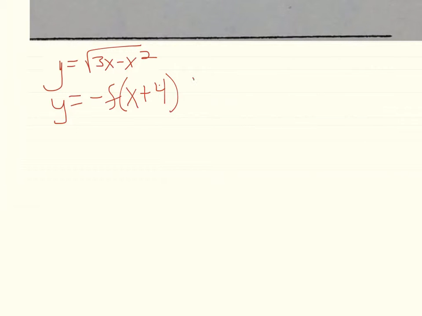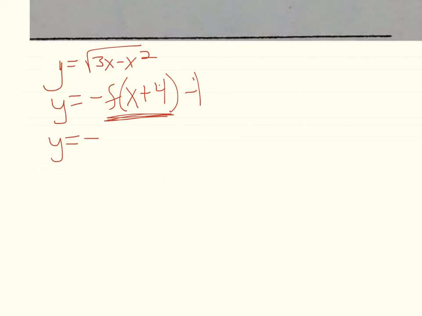So our original function was y equals the square root of 3x minus x squared, and then we just determined that we are going to take y and we are going to reflect it, shift it, and shift it again. All right, so now just using substitution, we're going to rewrite our original function. So it'll be y equals, we have the negative outside of the function.